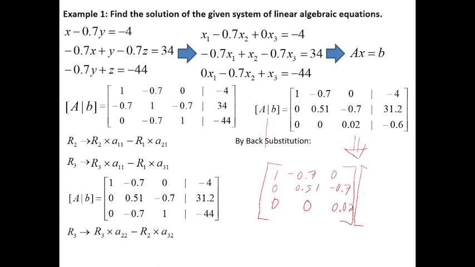We have x sub 1, x sub 2, x sub 3, we replace it by x1, x2, x3, then we put an equal sign, equal to negative 4, 31.2, and negative 0.6. So this will now be our equation. Okay?